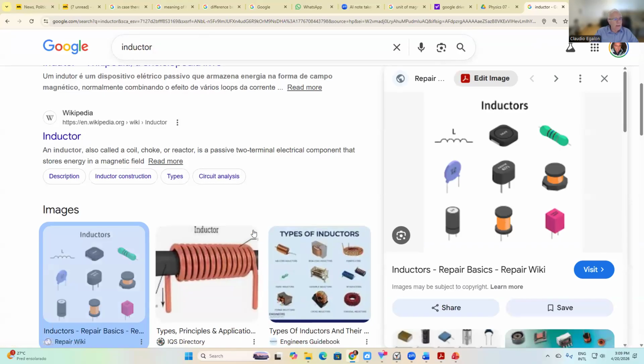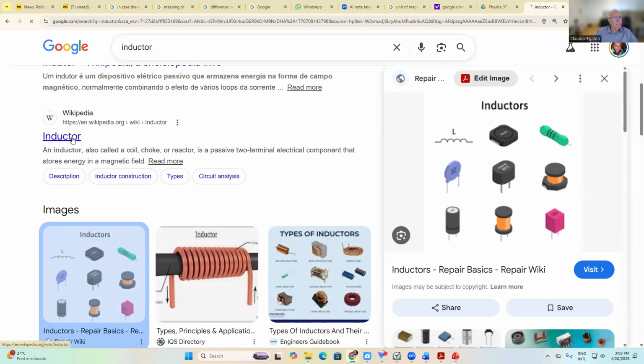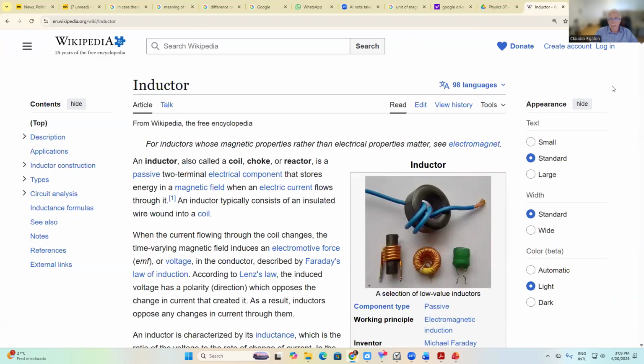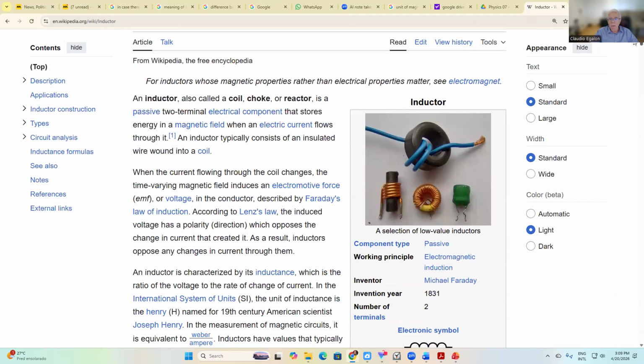Okay, but let's take a look at the Wikipedia. Here you go. Different inductors. That's the solenoid. That's the toroid. I do not know which one is this one here. You can see that there is something there inside that we cannot see.